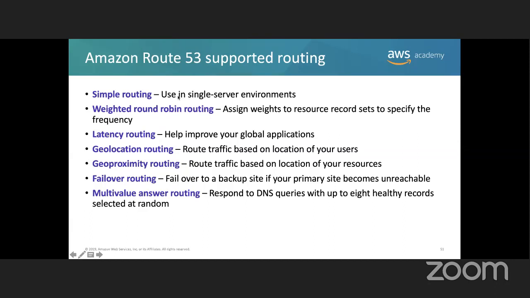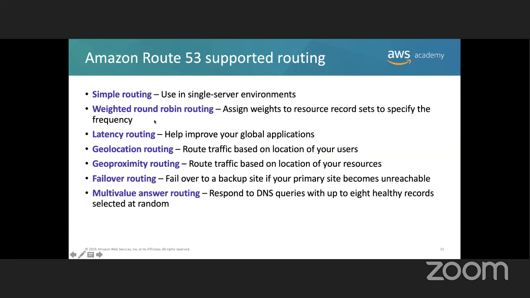You just put the URL and then you get the information. It's just one-to-one. Weighted round robin routing: assign weights to resource record sets to specify the frequency.